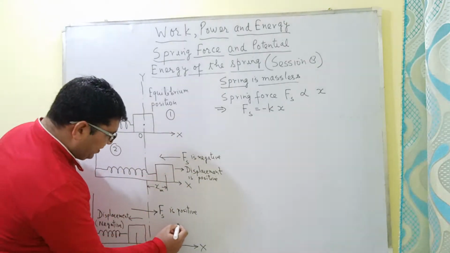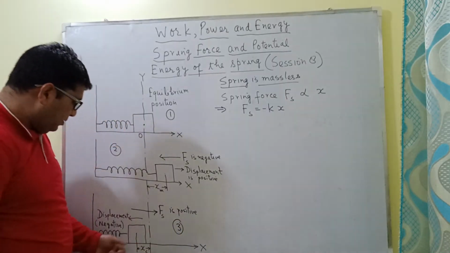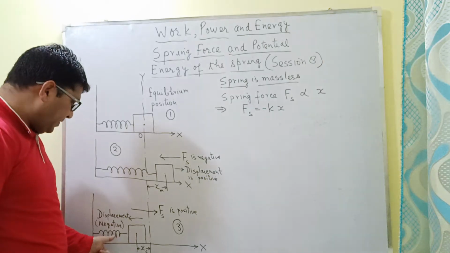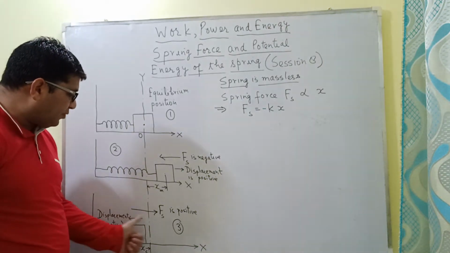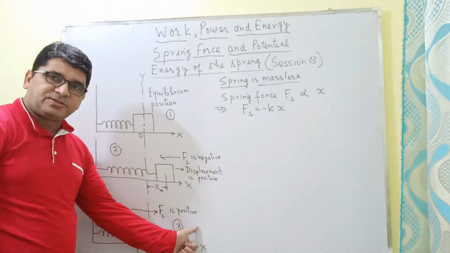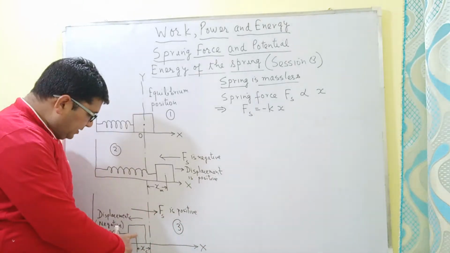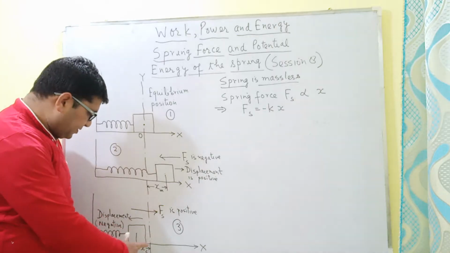Similarly, in figure number 3, this block is compressed. When this block is compressed, the spring force will act in the positive x direction, in order to bring this block to the equilibrium position.